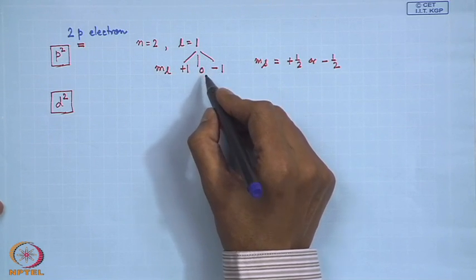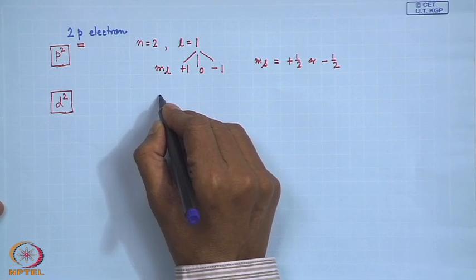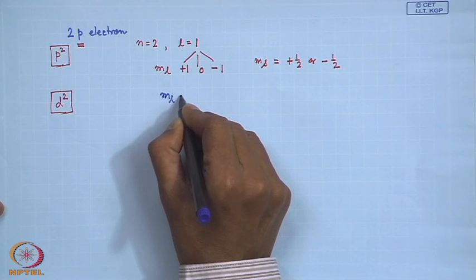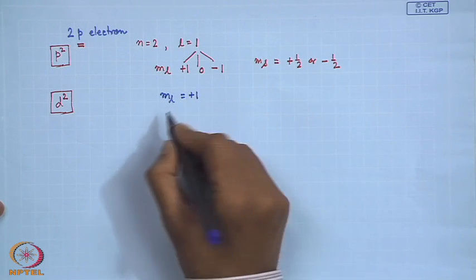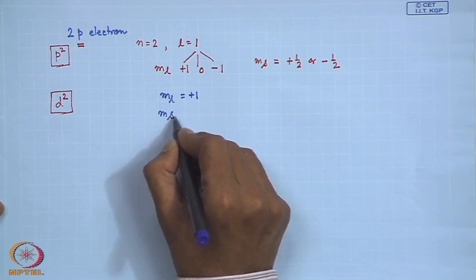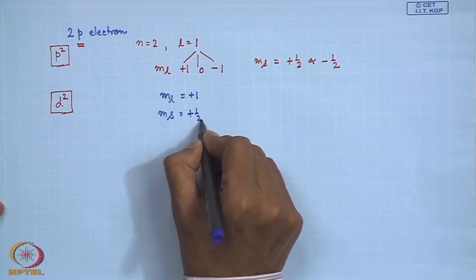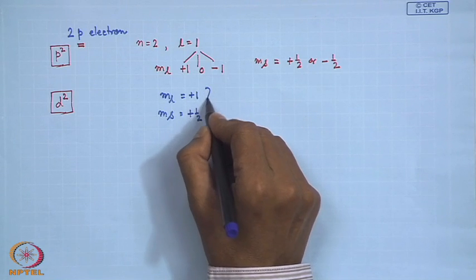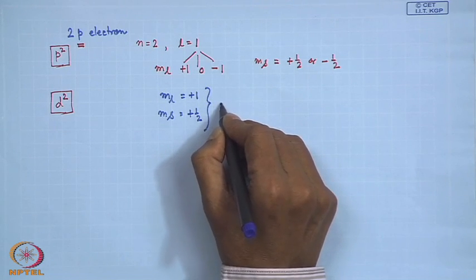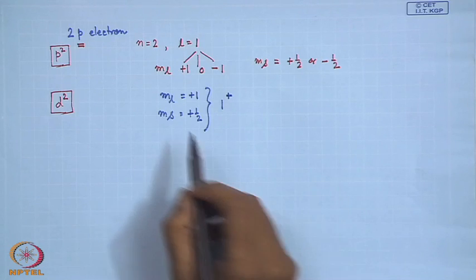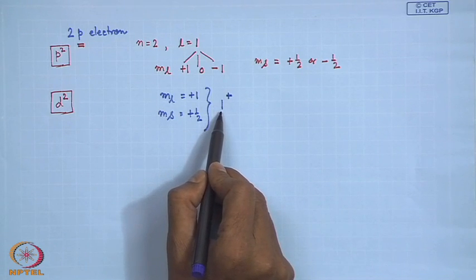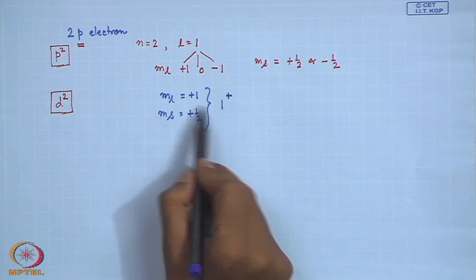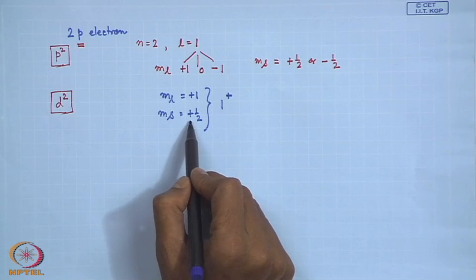Whenever we have the first electron with ML equal to plus 1 and MS equal to plus half, we will designate this as 1 plus, where 1 is the value of ML and the sign gives MS equal to plus half.